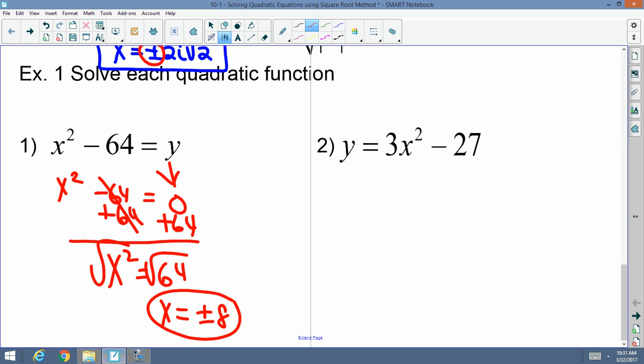Here, I've got 3x squared minus 27. Again, if I factor out a 3, I'm going to have a difference of squares, but let's learn the new skill. Make y 0, 3x squared minus 27.